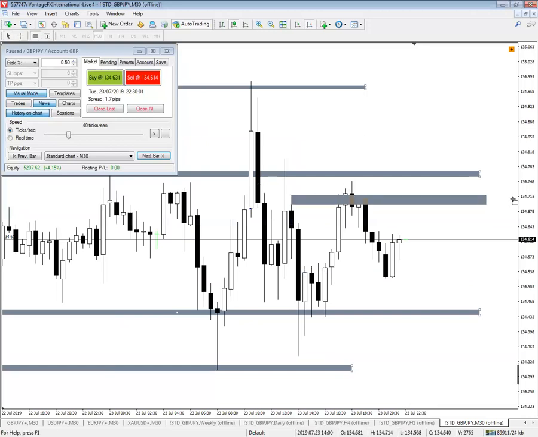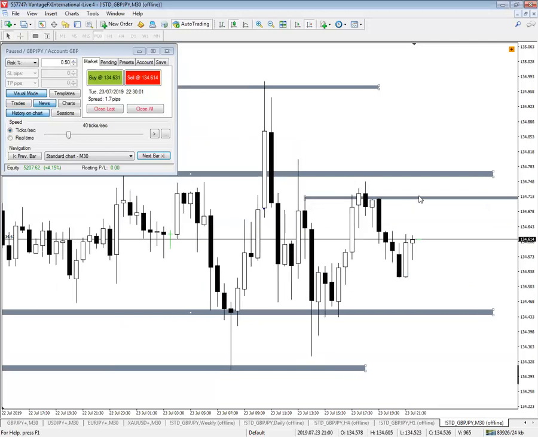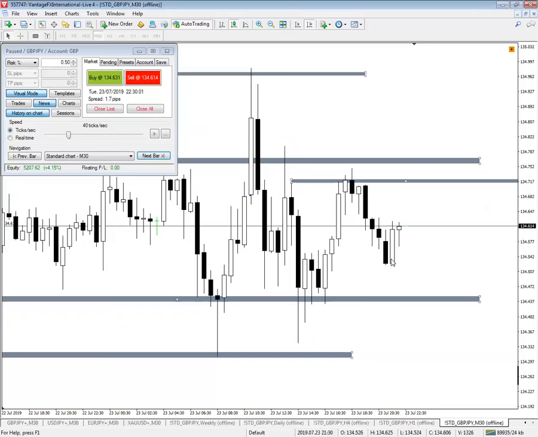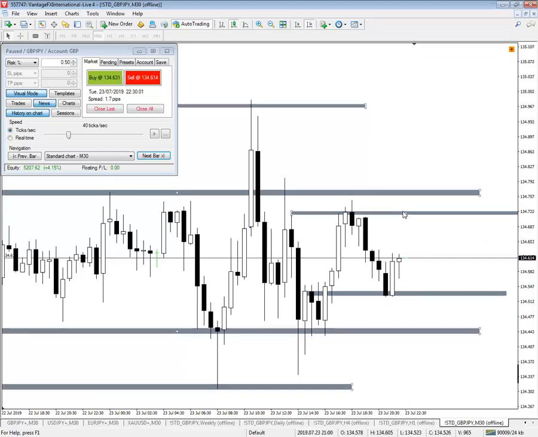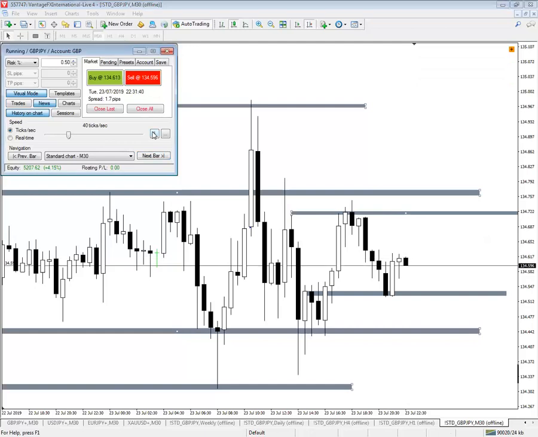The only thing I would say, just for learning purposes, is if this support holds, then of course the chances are price should continue moving bullish to 134.720. So if this support area holds here, then the chances are we will continue moving up. Otherwise, there's just no range. So we'll call this Asian session a definite no trading session.